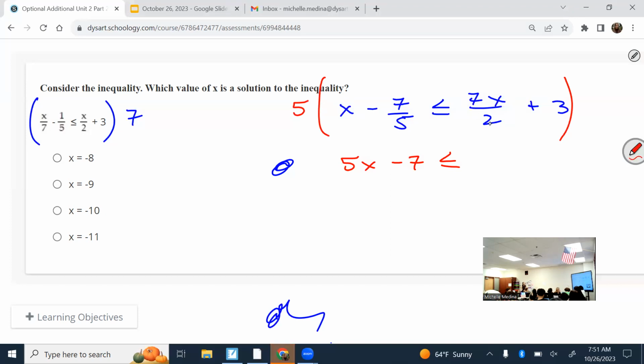And do you guys know what 7 divided by 2 is? 3.5. So before doing this, if you wanted to make that 3.5 and then times it by 5, I think that might be better. Otherwise, it's 7 times 5, which is 35, divided by 2, which is 17.5.